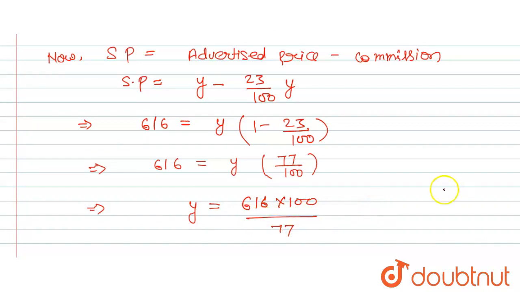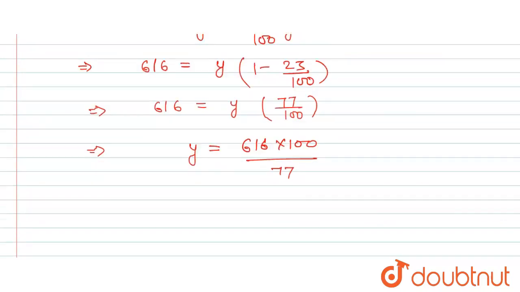Now further we will simplify, so this will be cancelled out 8 times, so Y is equal to 8 into 100, that is 800, so rupees 800 is the advertised price.